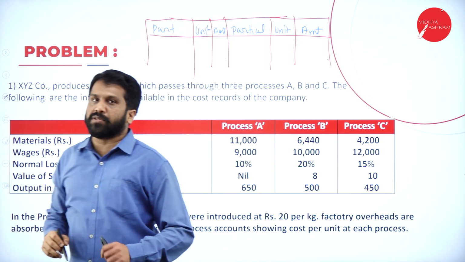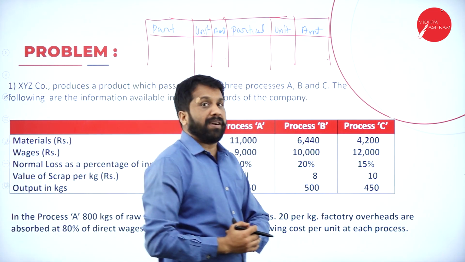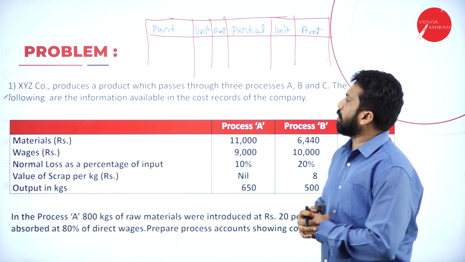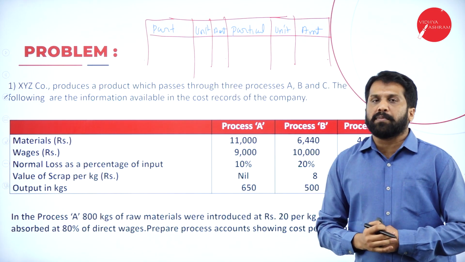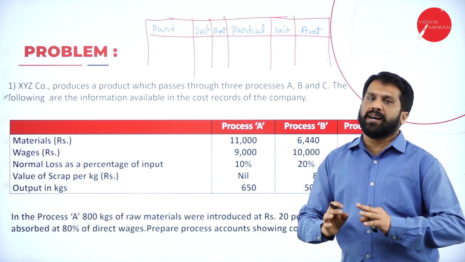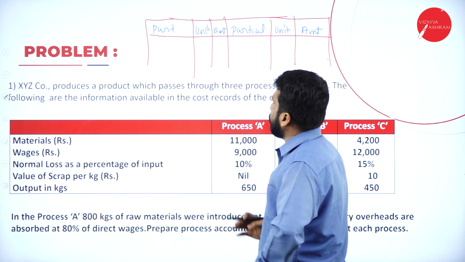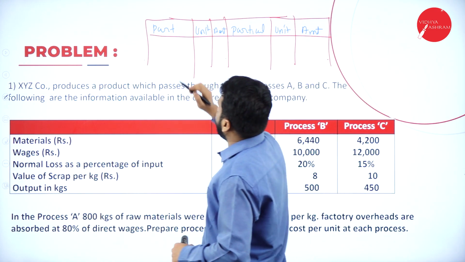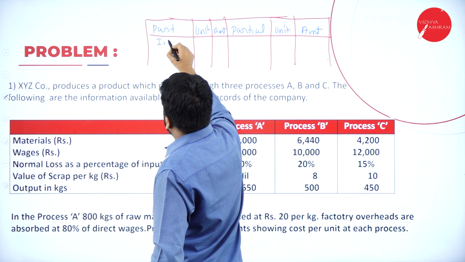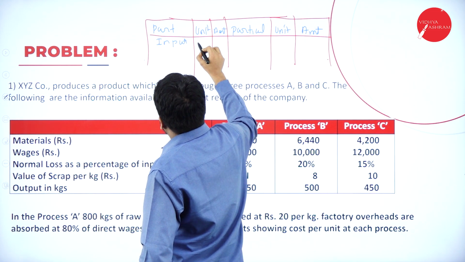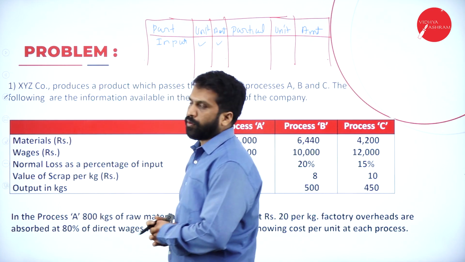This thing you are supposed to remember: particulars, unit, amount. Now, what are you supposed to do? Simple one. You are supposed to do the debit side. First input, it will be given in the question itself: number of units and amount.